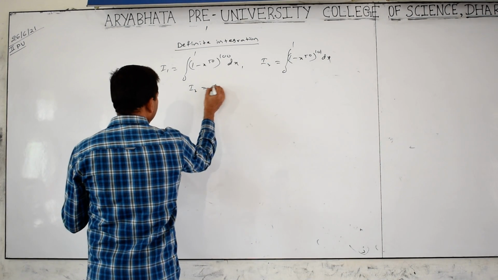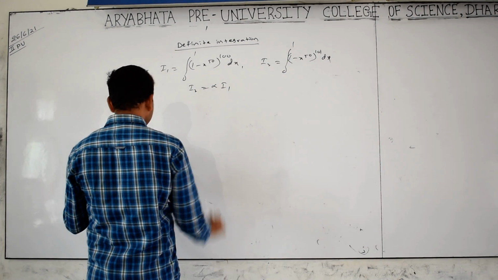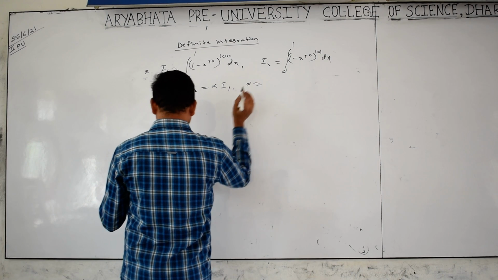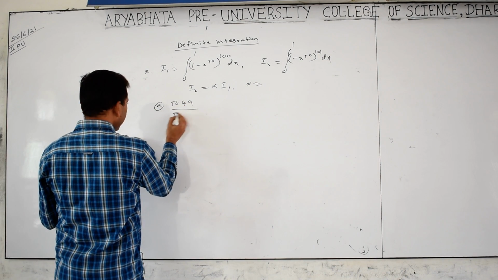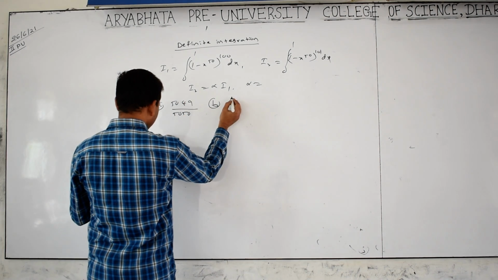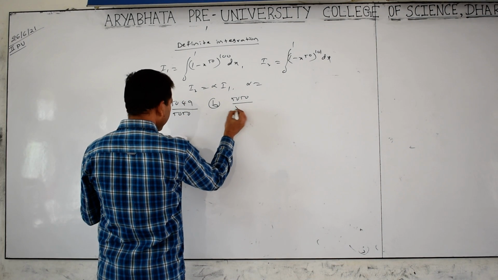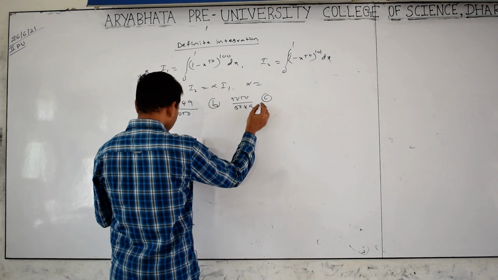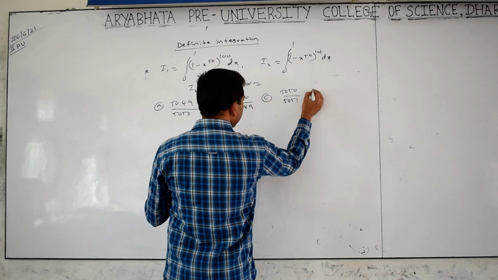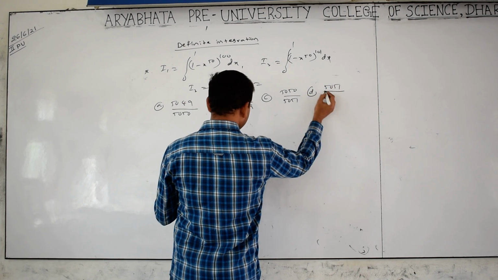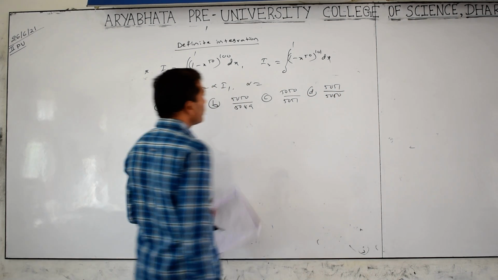And I2 equals alpha into I1, then alpha equals: option A 5049 by 5050, option B 5050 by 5049, option C 5050 by 5051, option D 5051 by 5050.